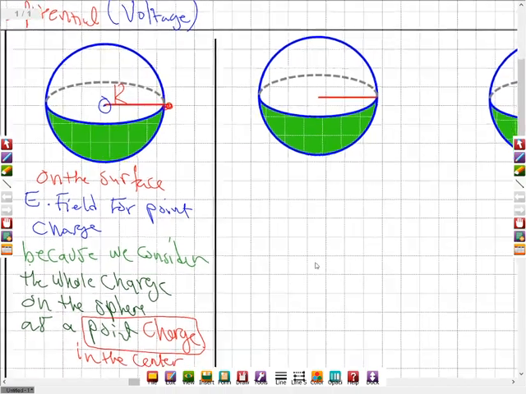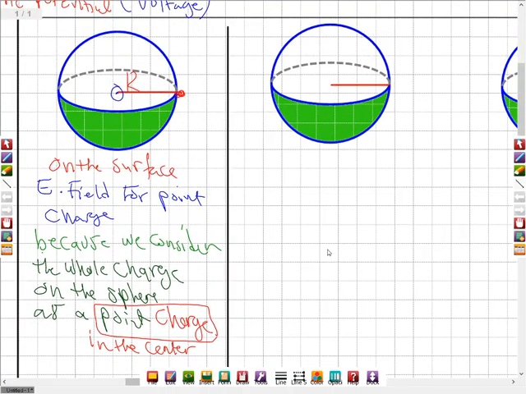Then we have points A, B, C. Let us use this point on the sphere as point 1. Now let us move a little bit farther from the sphere, to point 2.